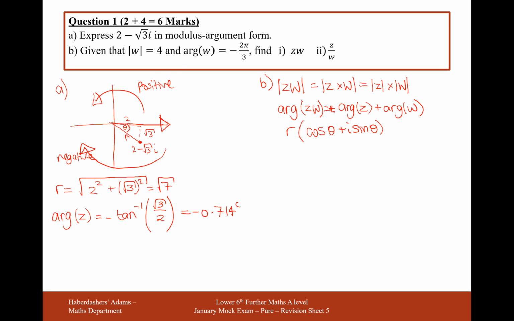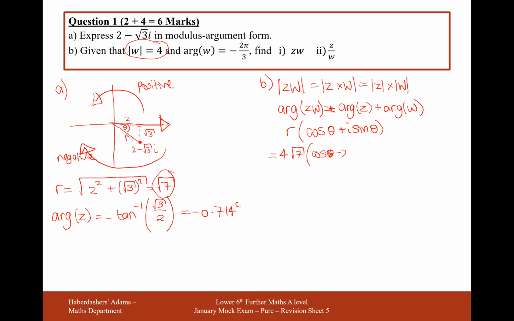Sorry, no, we're not multiplying the arguments, are we? We're multiplying the moduluses. So we're multiplying root 7 and 4, so that would just be 4 root 7. And now inside the argument parts, we're going to add the arguments together, and what we're going to get there is minus 2.81.